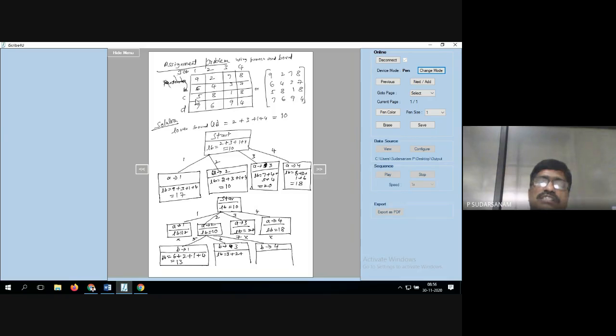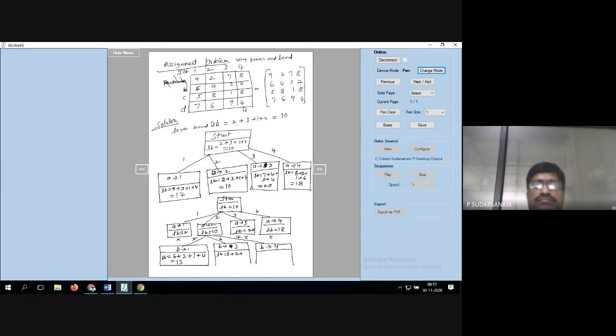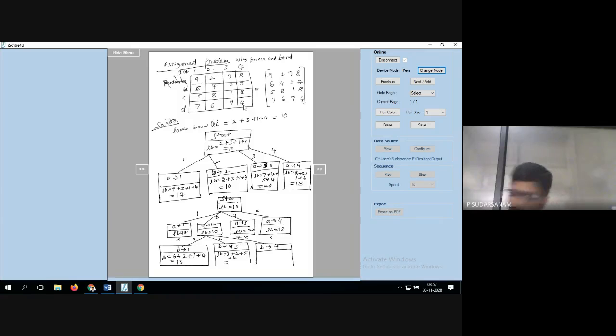Now you have to consider the third row, 5 and 8 is there, here 7 and 6 is there. Which is the minimum here? 5, sir. Last row, 4, sir. Tell me now. 14. 14 only.